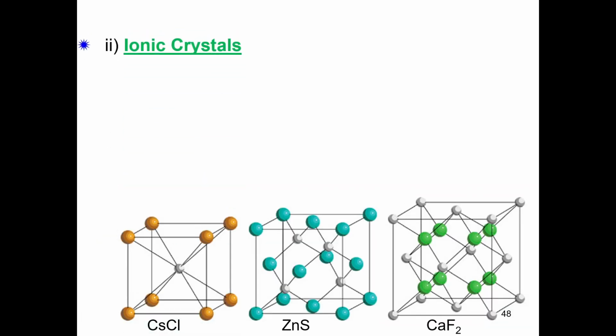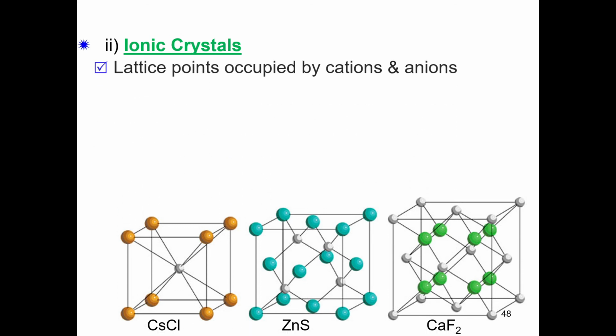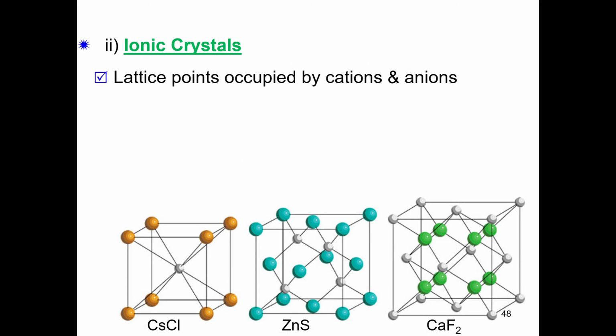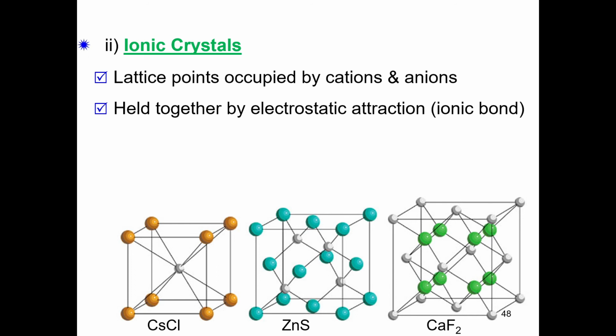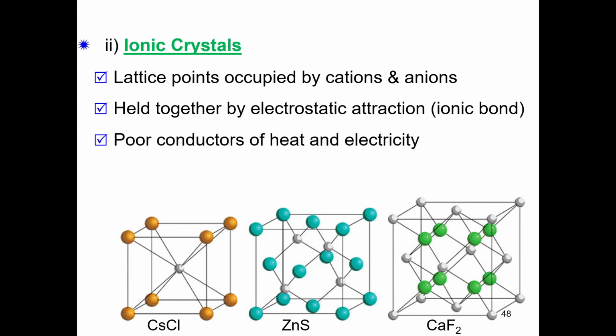Okay, next one is ionic crystal. Ionic crystal is any ionic compound which dia mempunyai lattice point yang diisi oleh cation dan juga anion, and it is held together by electrostatic attraction yang dipanggil ionic bond. Kita dah belajar ionic bond di dalam chapter 4. And then it is a poor conductor of heat and electricity.